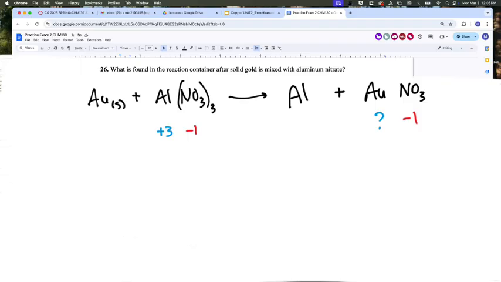What are you responsible for with a single replacement reaction? Responsible for phases, okay. You're responsible for predicting them. Not just what the products would be, but also that the chemical reaction happens. When we look at a double replacement reaction, how do we know that a chemical reaction has happened?